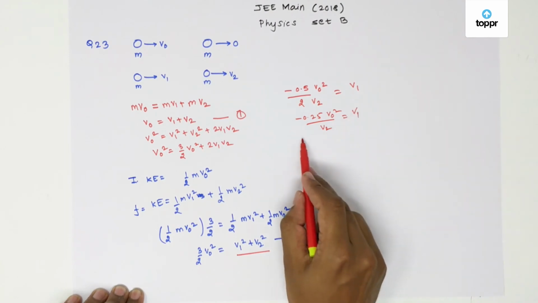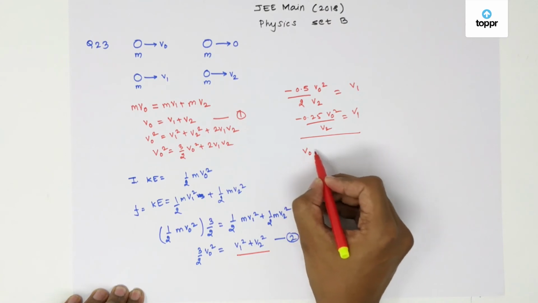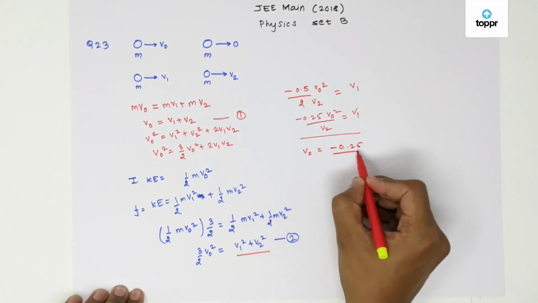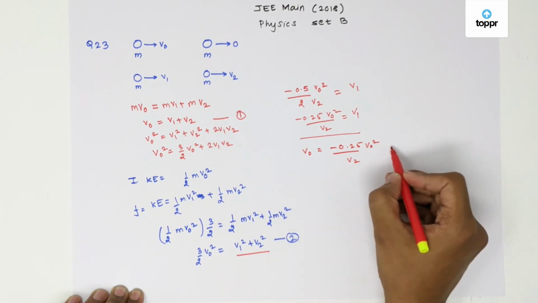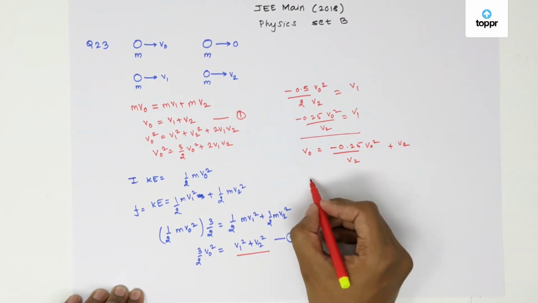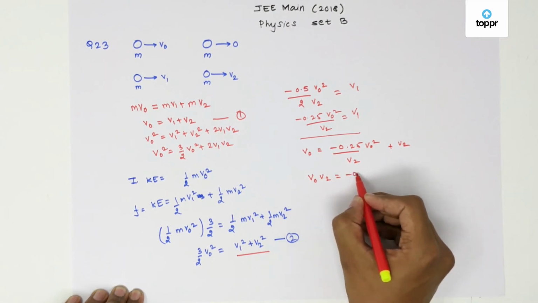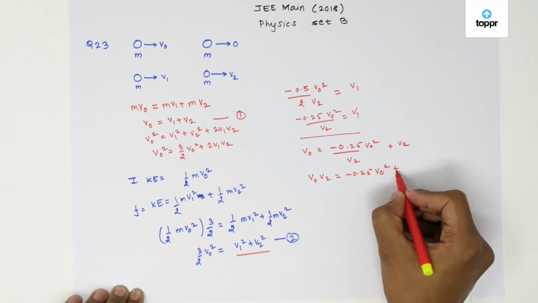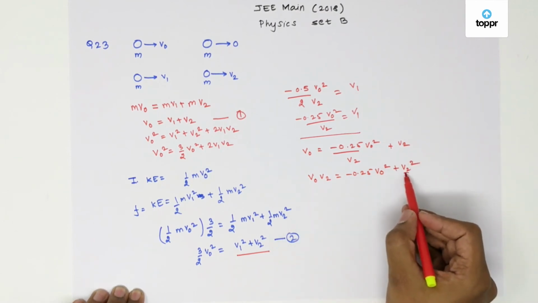Now we'll put this value of v1 in the first equation again. So v0 is equal to minus 0.25 v0 square upon v2 plus v2. Now multiply the whole equation with v2. v0 v2 is equal to minus 0.25 v0 square plus v2 square. This is a quadratic equation in v2.